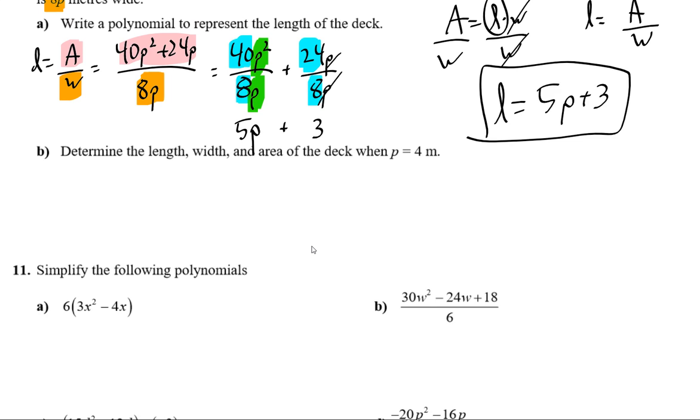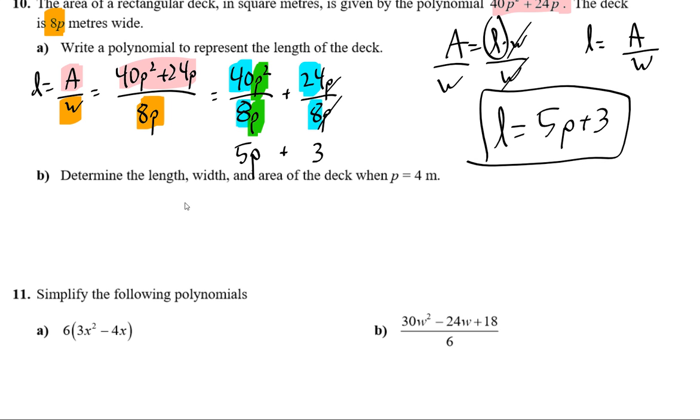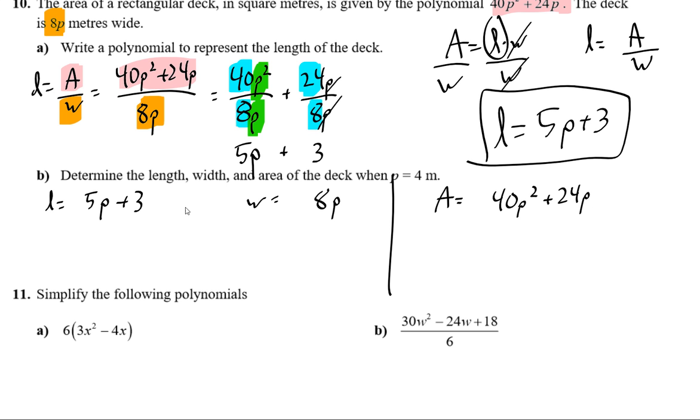Next, determine the length, width, and area of the deck when p is 4 meters. So we say the length is 5p plus 3. We say the width was 8p, and they told us the area was 40p squared plus 24p. So these are our three things they've asked us to do.